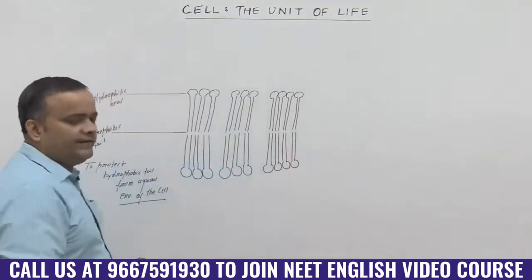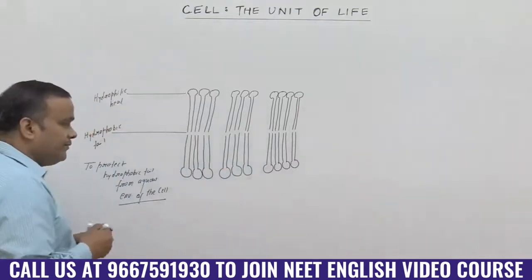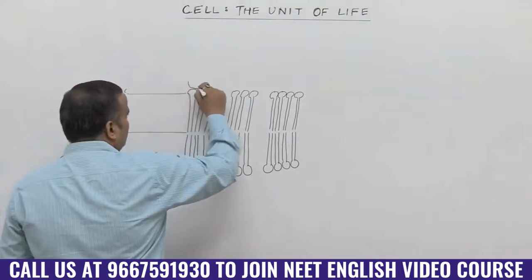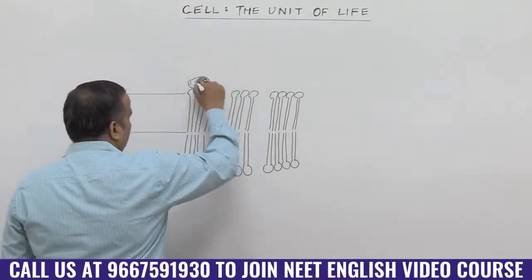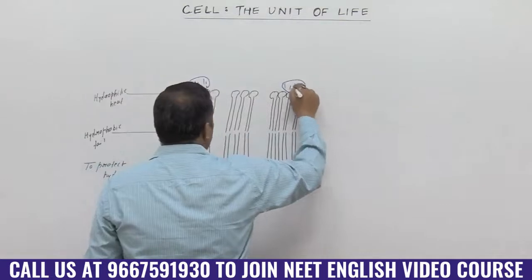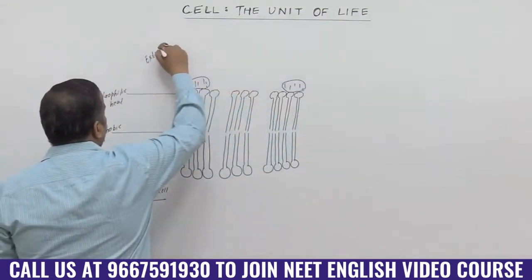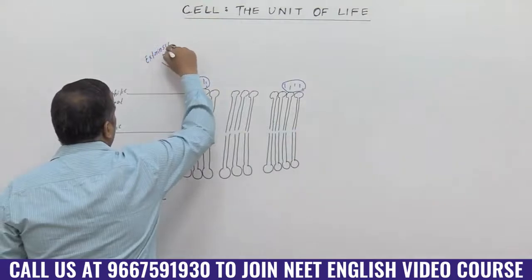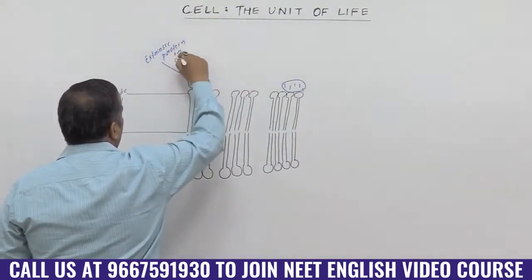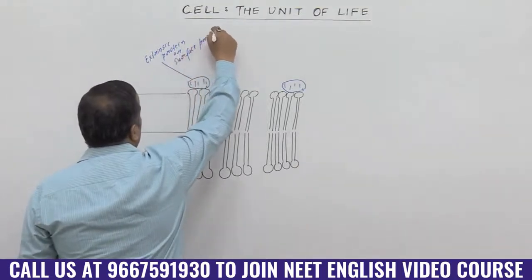Okay, so this is the lipid bilayer. Now we have protein. There are two types of protein on the basis of ease of extraction. Those which can be removed easily are referred to as extrinsic protein or surface protein.